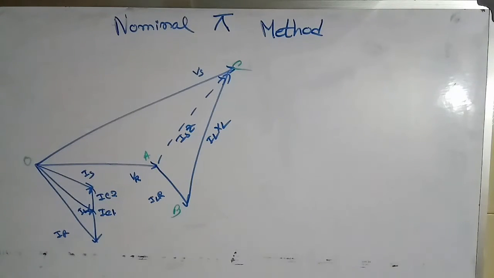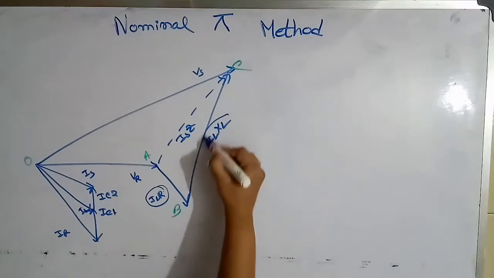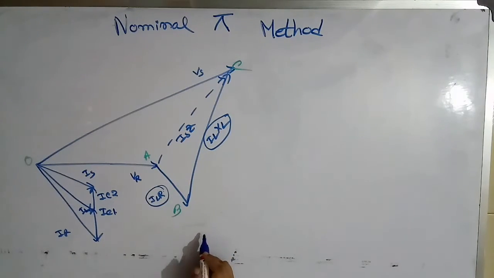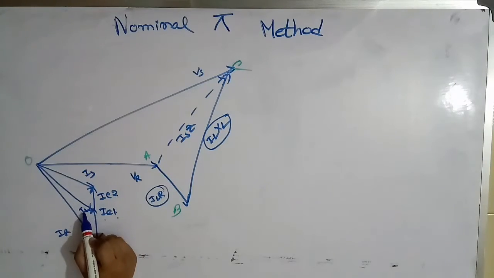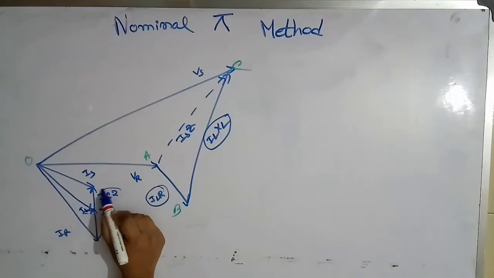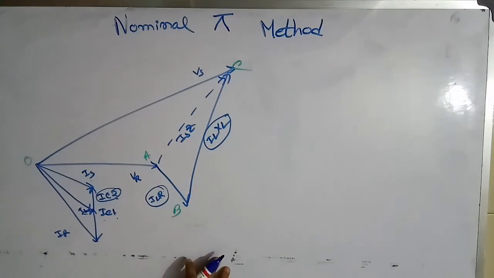So in this case also we are taking VR as the reference axis, and the voltage drops across the resistance and inductive reactance are IL into R and IL into XL. Here the load current is added with the capacitive current IC1 to get the line current IL, and by adding the line current with the capacitive current IC2, we get the sending end current.